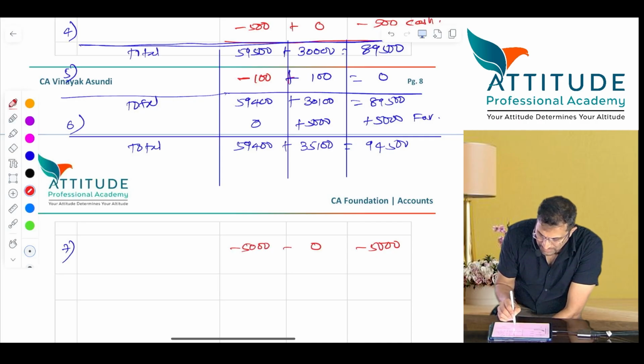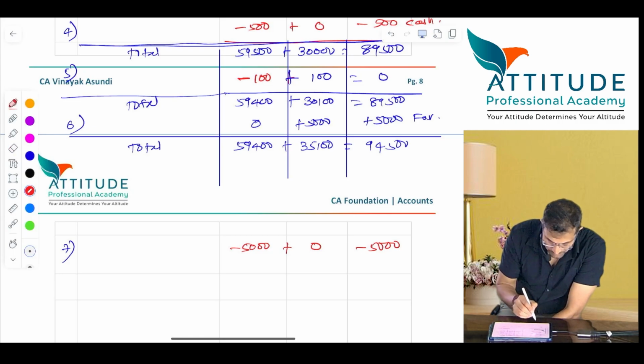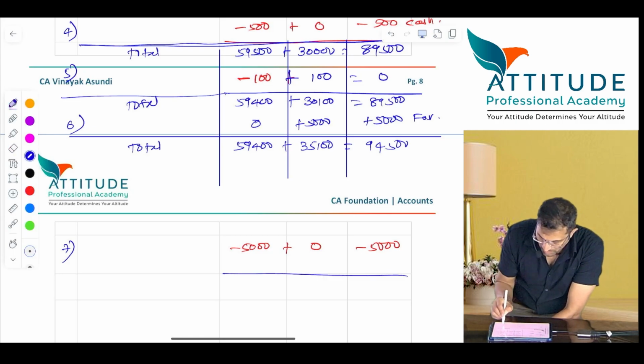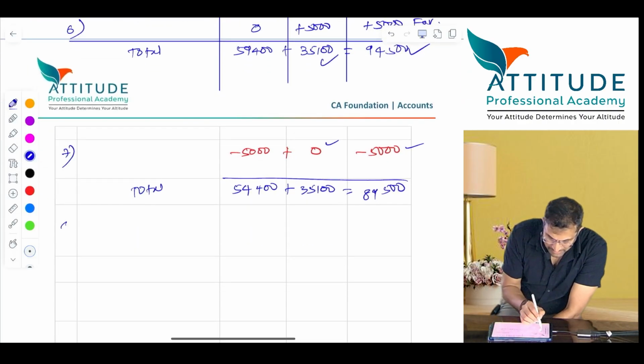Correct? बोलो total करो. टोटल आएगा 54,400. ये दिस प्लस दिस 35,100 इज इक्वल टू दिस माइनस दिस 89,500. बराबर है.